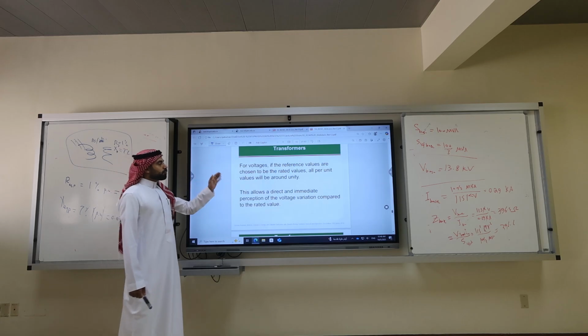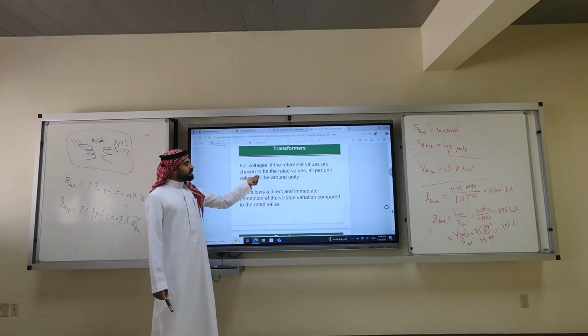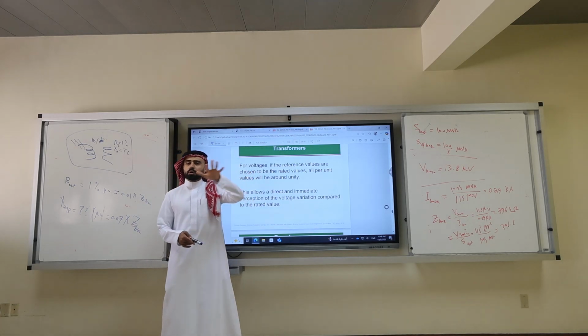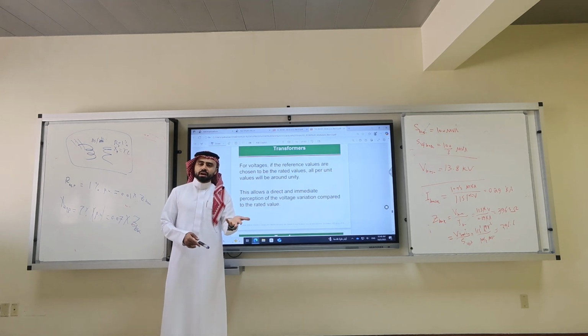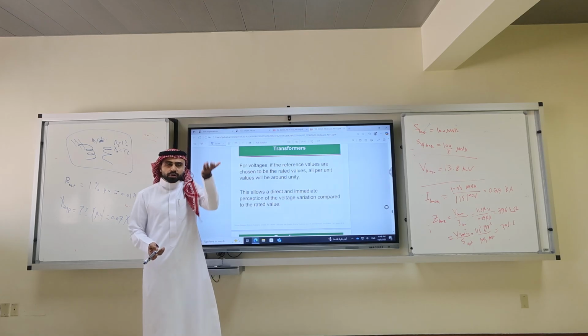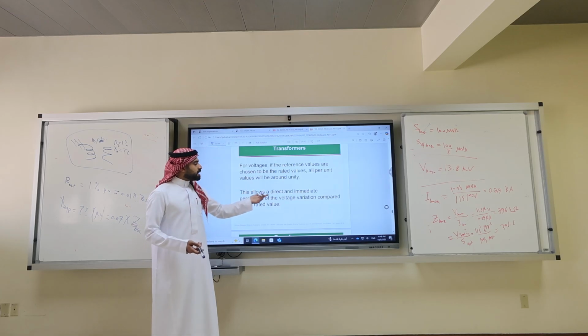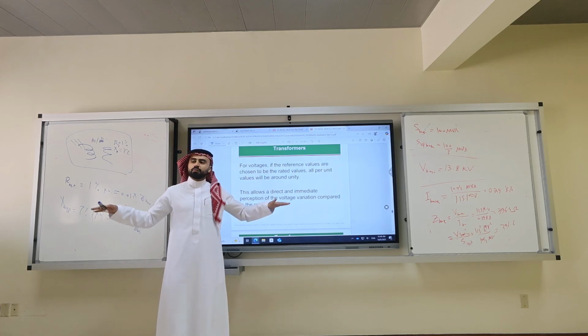so before we go, for voltages, if the reference values are chosen to be the rated values, per unit values would be 1.05, 0.95. If you see a voltage 0.6, there is something wrong. Because most voltages should be around this range. This allows a direct and immediate perception of the system voltage.